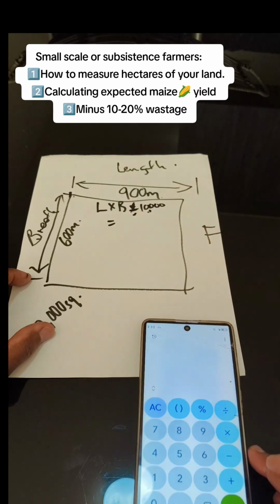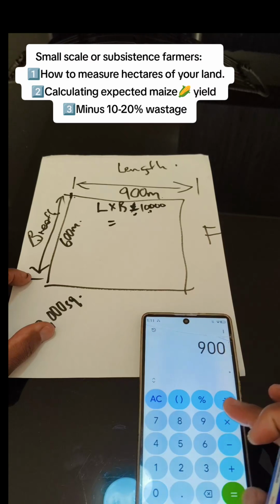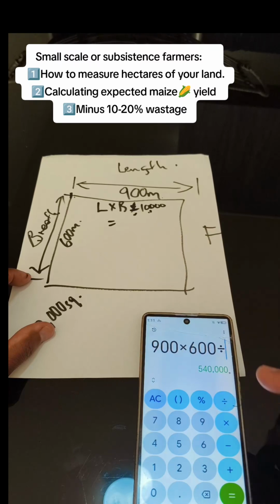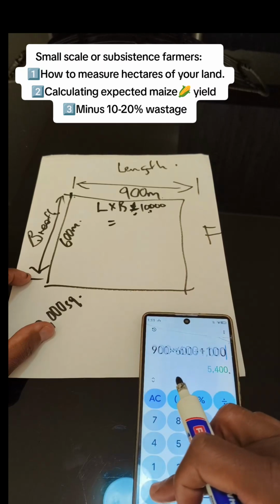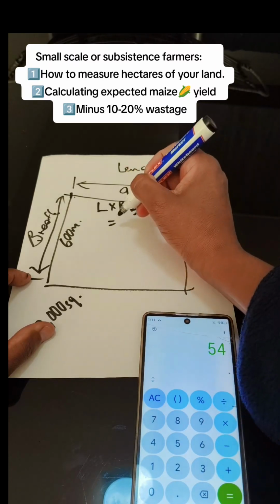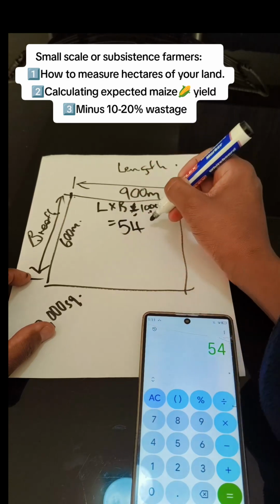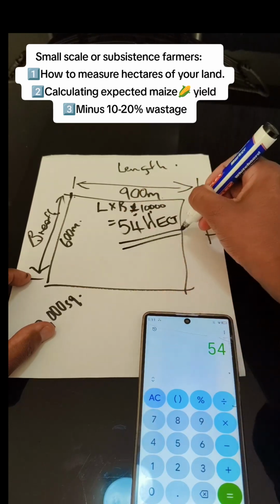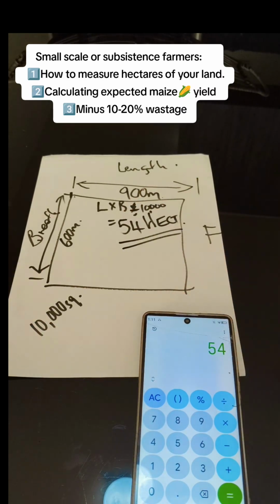Let's calculate it quickly: 900 length times 600 breadth, divided by 10,000. It gives you 54 hectares. So we already know that our land is 54 hectares.